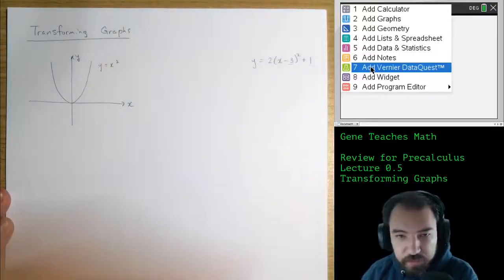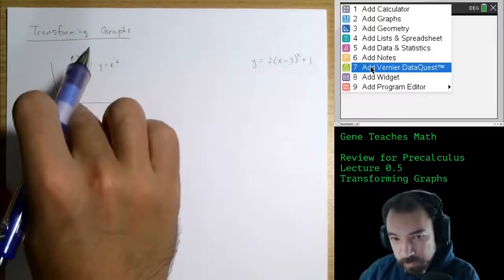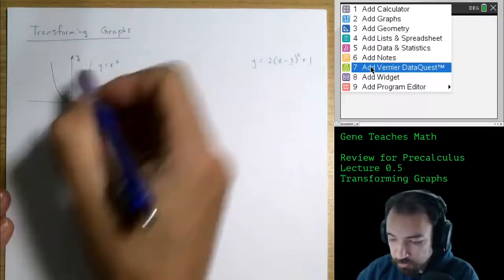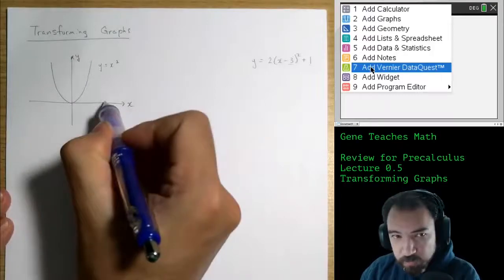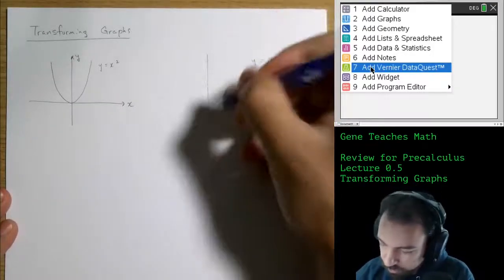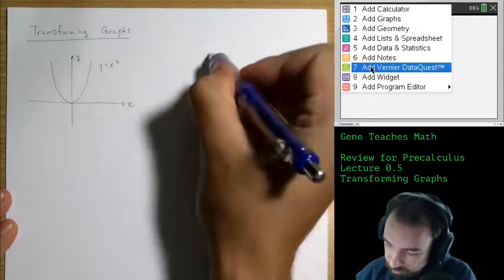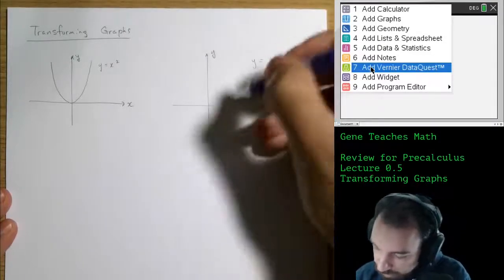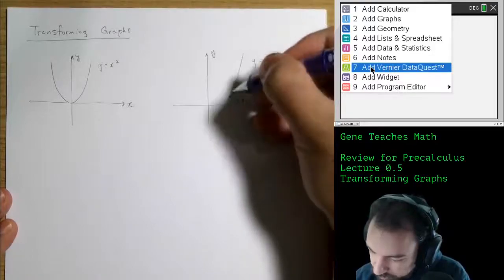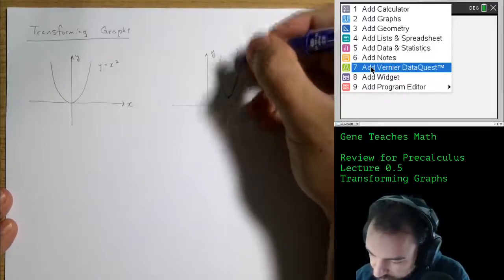And this would cause the y coordinates to stretch by a factor of 2. And so your graph would end up taller, or perhaps you could think of it as skinnier, and it would move over 3 and up 1. So it should look something like this. You would have (3, 1), and your parabola would be twice as tall.